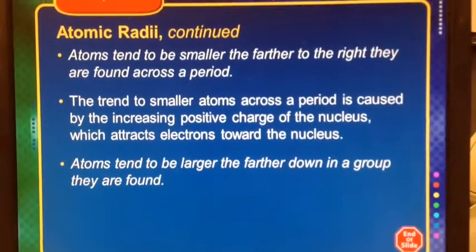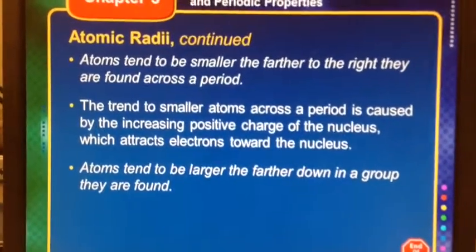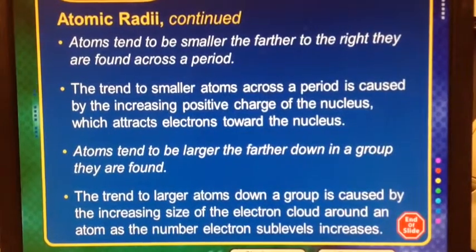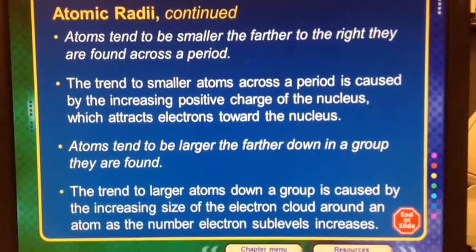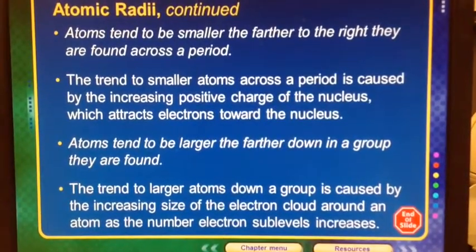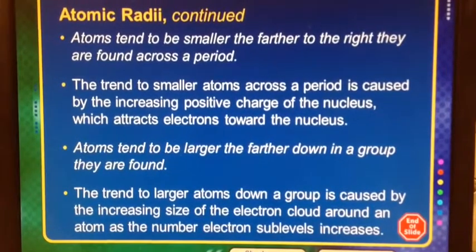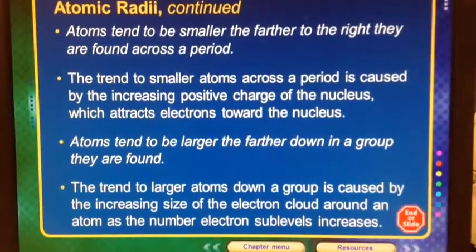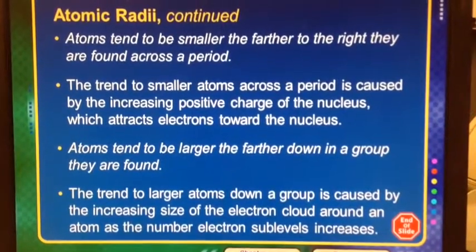Atoms tend to be larger the further down the group that they are found, and that trend is due to the increasing size of the electron cloud around an atom as the number of electron sublevels increases. So the more sublevels you get, the larger the area is around the nucleus.